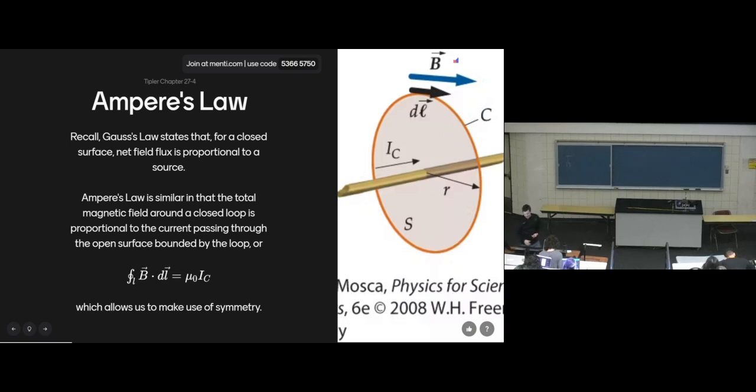That is to say that the integral of B around this loop right here is equal to mu naught times I sub c, where I sub c is the current that passes through the contour C on the diagram.